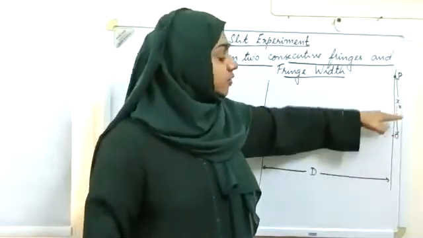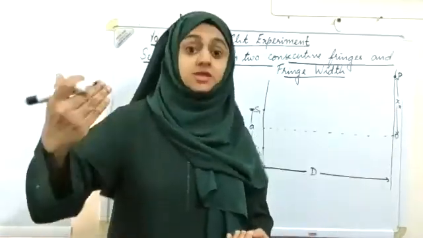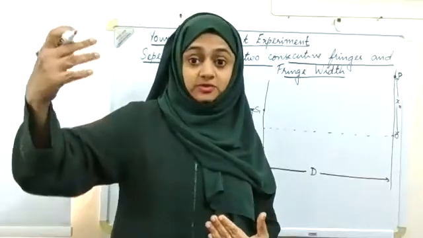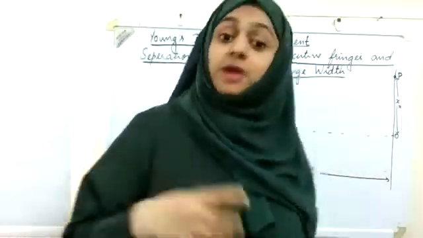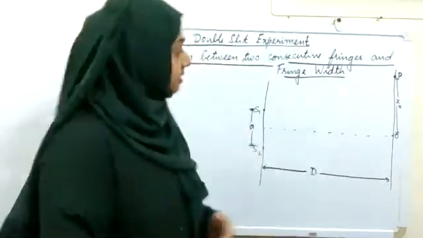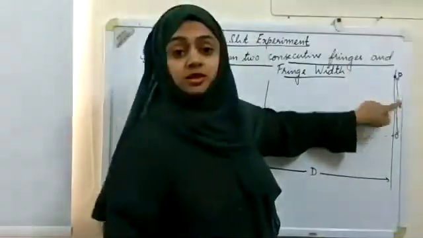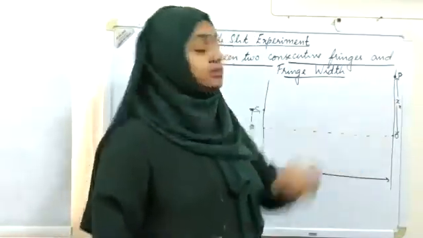Now if I go a little up, you will get the first bright fringe, then the second bright fringe, third bright fringe, etc. And at P, you will get the nth bright fringe, or we say that the order of the fringe is n. So xn is the distance between the point O and P.